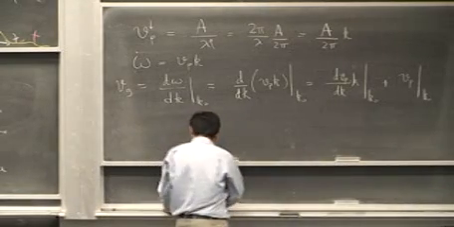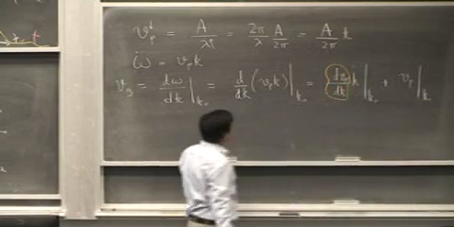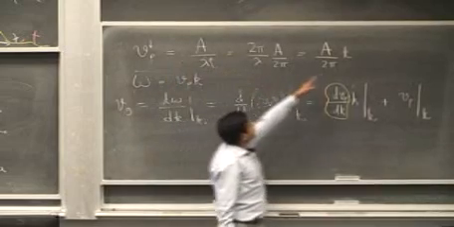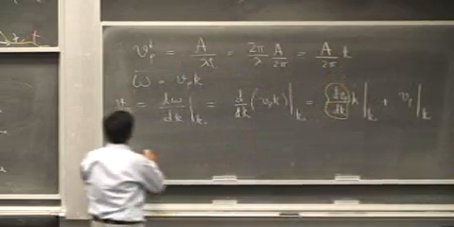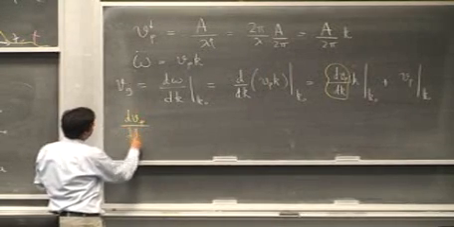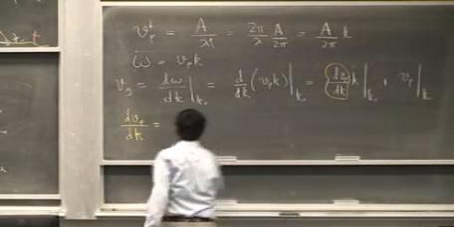Now what is this derivative equal to? I would like to find this derivative, but Vp is dependent on k like this, so dVp divided by dk will be given by a over 2 pi.